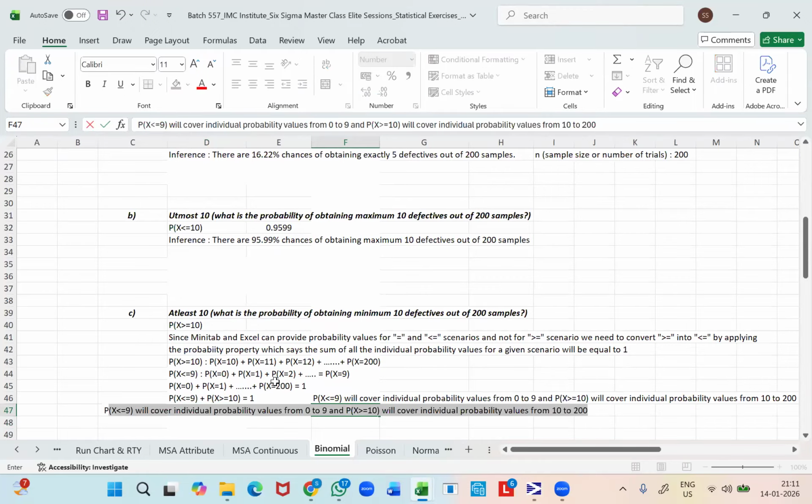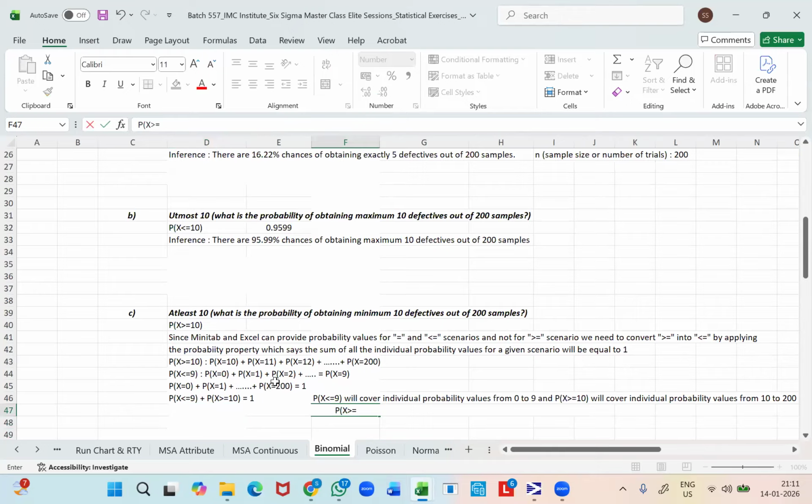So the standard conversion will be something like this. P of X greater than or equal to R will be 1 minus P of X less than or equal to R minus 1, one number less than the original value.